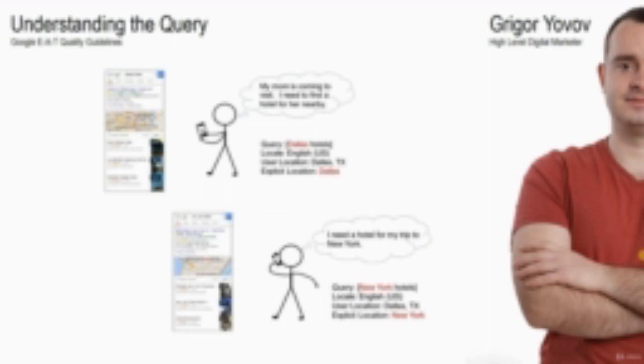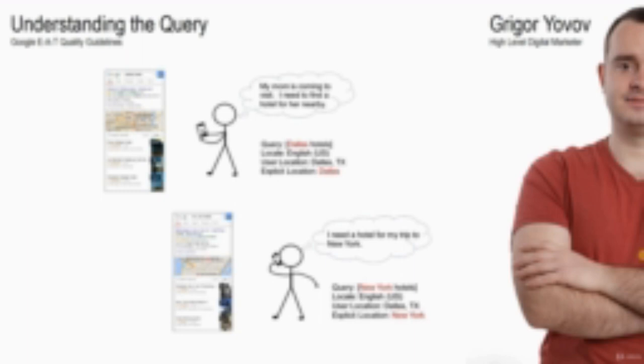So in different cases we could have a different location for the user, and when you have a specific location you can search for something that is in your location. Like in the first example, this guy or this girl needs to find a hotel, they're in Dallas, and obviously they want the hotel also in Dallas.